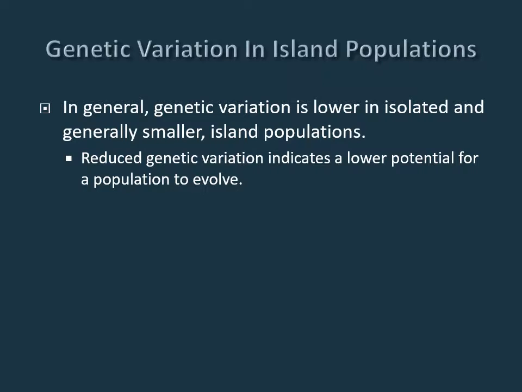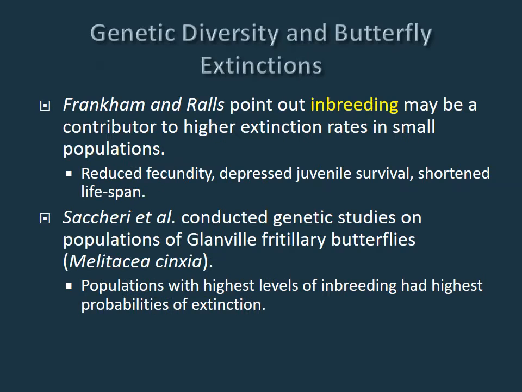So when you have a small population and there's not a lot of variety in the genes, they're not going to change very much. If you only have all blue butterflies and you don't have any red butterflies, then they can't change and vary from red to blue. If you just have blue, then that's what you have in that region. And so you don't see as much change in an isolated population.